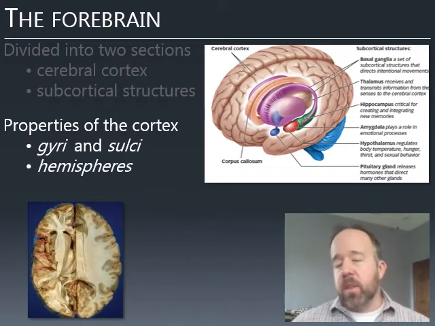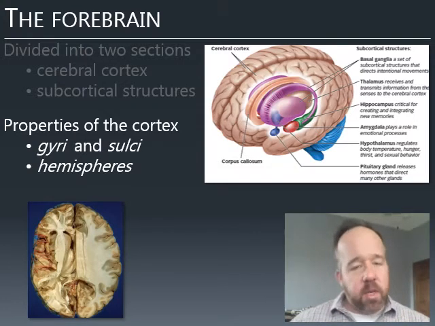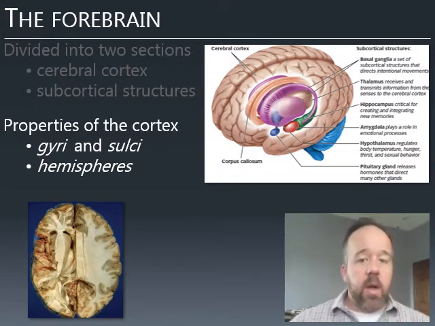More importantly, we'll talk about this more, are the hemispheres. So your brain has two hemispheres with sort of a dividing line down the middle. You have the left hemisphere and the right hemisphere. You'll hear people talk about being left-brained or right-brained, and while that difference is overblown, there are two hemispheres to the brain.